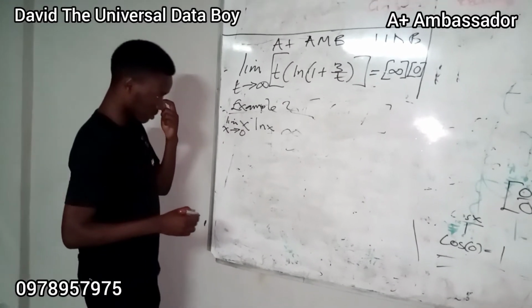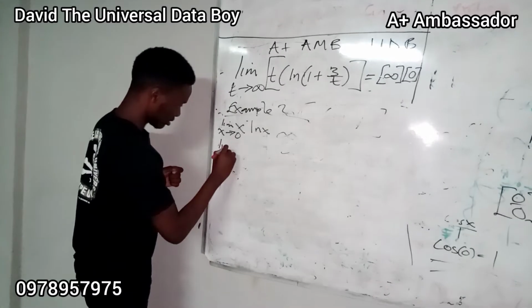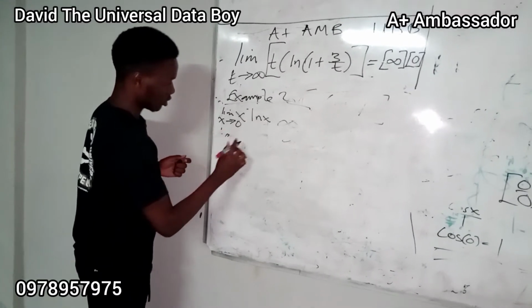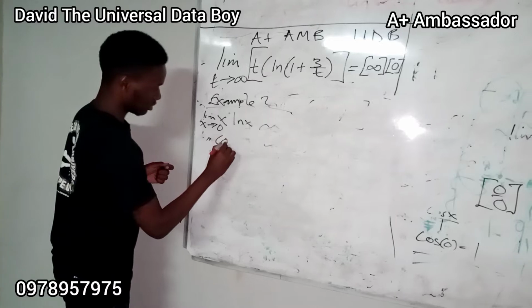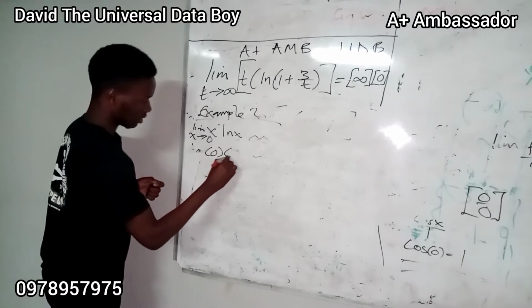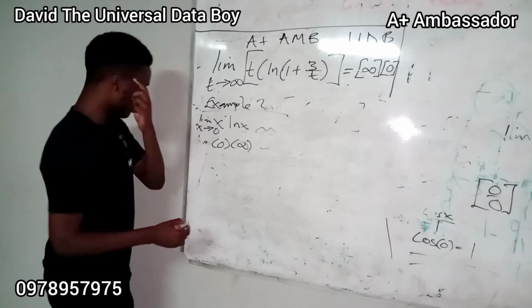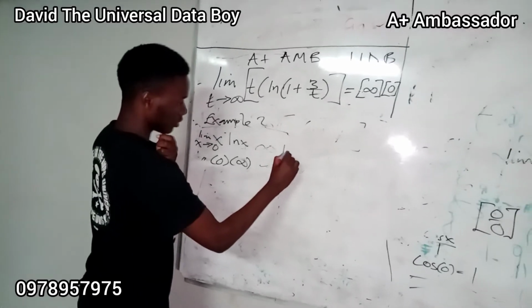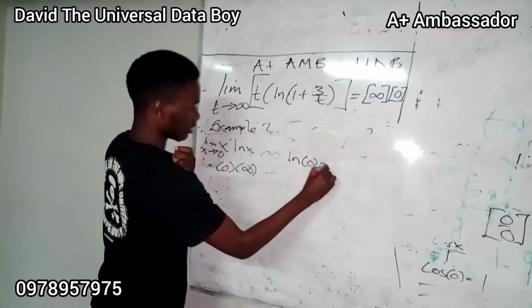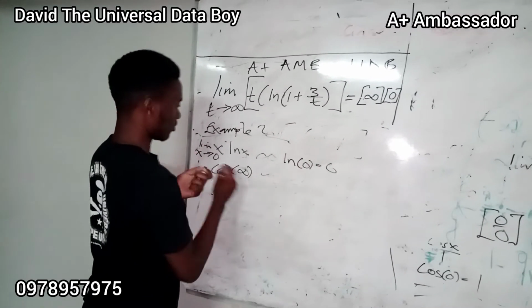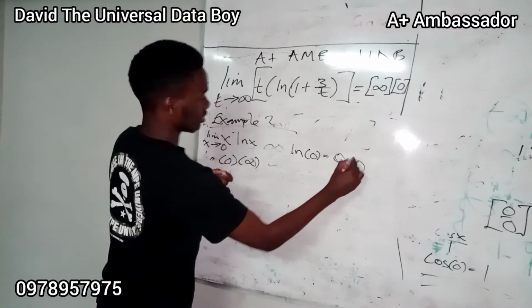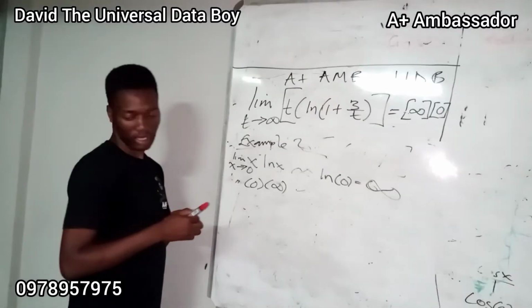When you evaluate the limit, we are going to have 0, comma, infinity. Because natural log of 0 is infinity, sorry, then we have 0 times infinity.